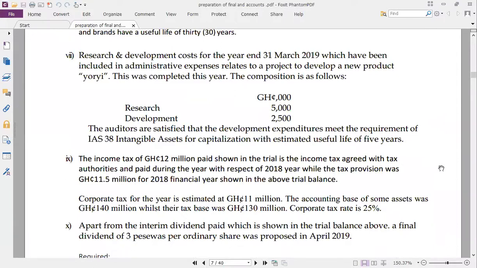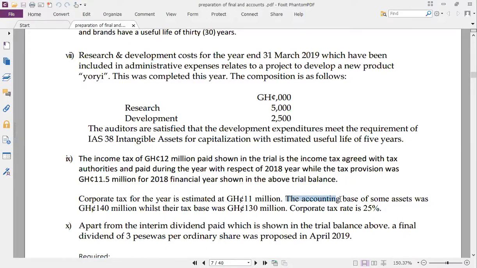I am interested in the last sentence. Then you start work. I'm interested in the last sentence. So the last sentence says this.